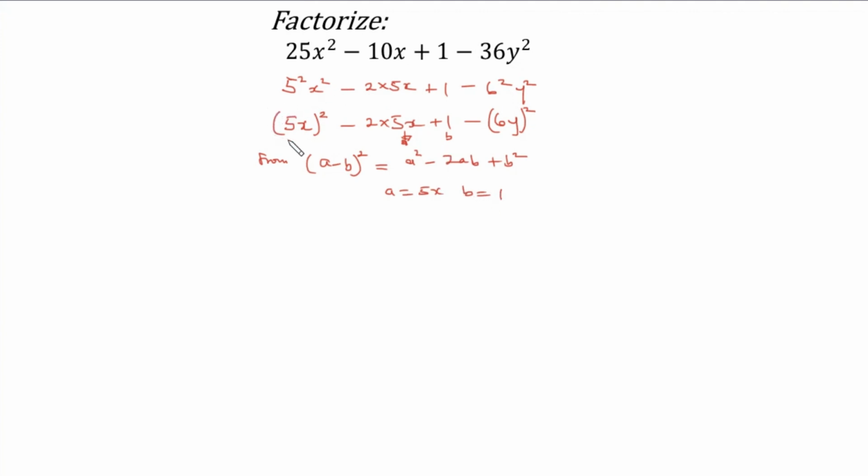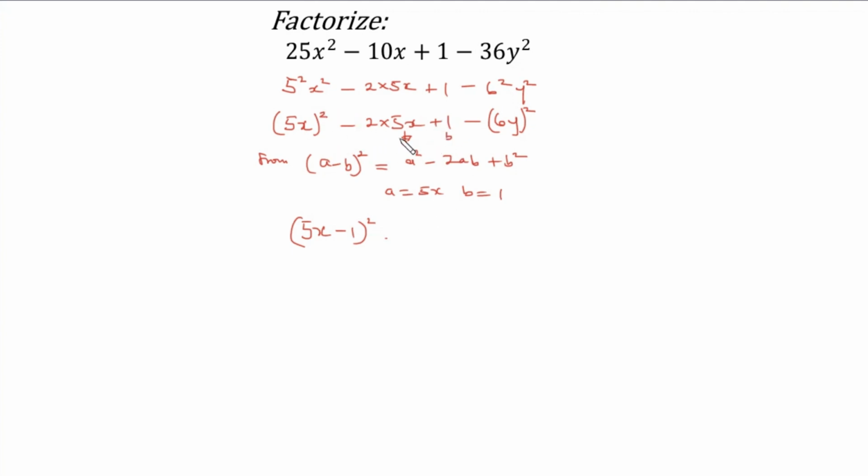So we're going to consider this side of the expression, 5x squared minus 2 times 5x plus 1. We leave this one out first, minus 6y squared. We want to factorize this. So we have here a equals 5x and our b equals 1. If we apply this formula, a is 5x, minus 1, all squared. Then we are done with this side.